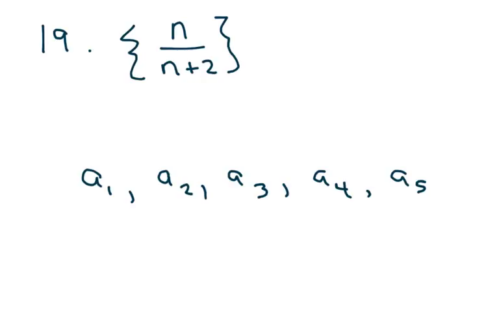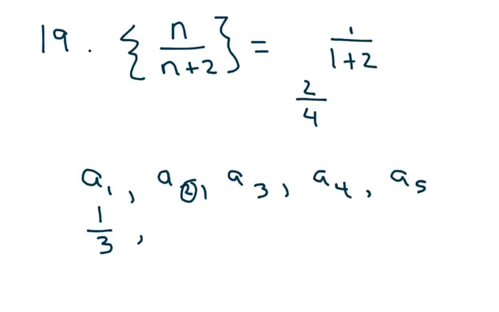So I'm going to plug in 1. For the first one, I'll put 1 over 1 plus 2, which is 1/3. Now plug in your 2. So you get 2 over 4, which is 1/2. That's your second term. Plug in 3. You're going to get 3 over 5. It's just 2 more.